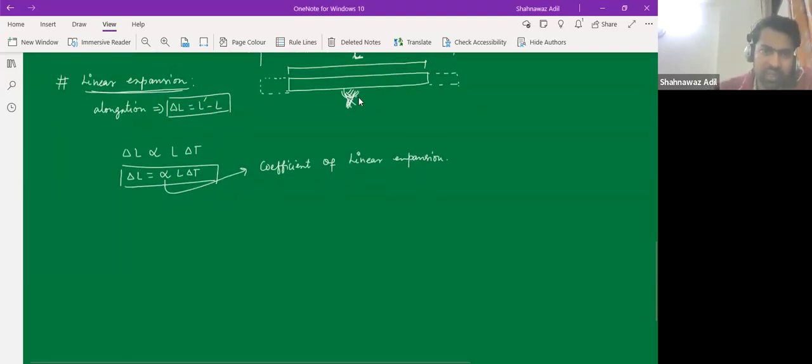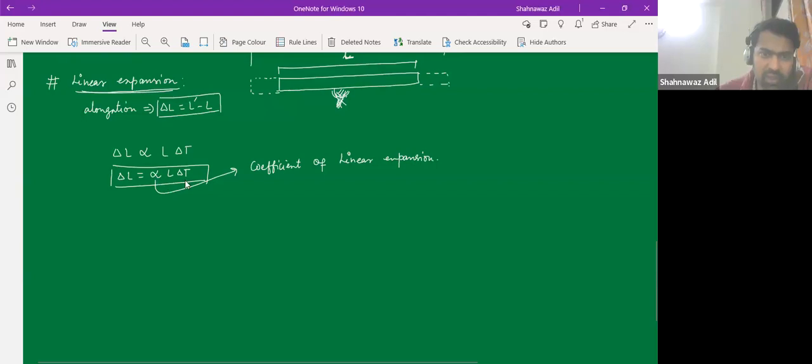Okay, so we can figure out what would be the SI unit of this coefficient. The SI unit of this coefficient should be what? It is delta L by L delta T, where delta T is change in temperature. The SI unit or dimension of L is meter, and this is meter, so this will cancel.